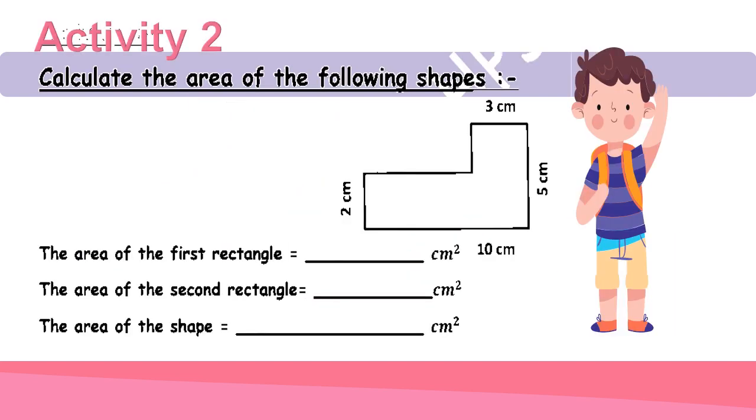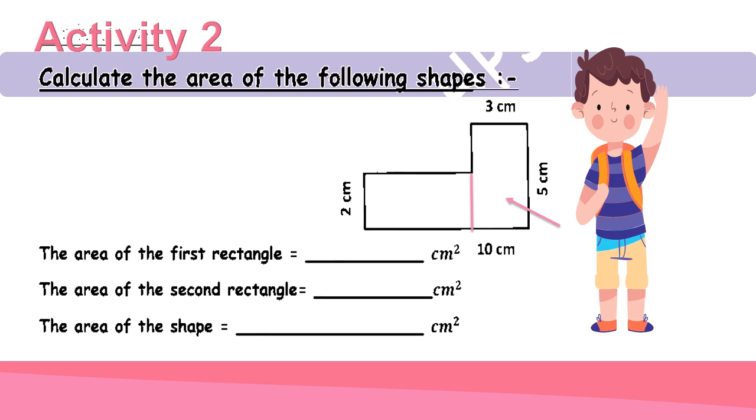Okay, let's answer activity 2. Calculate the area of this shape. It's another complex shape. I have to make it two rectangles like this to calculate the area. If I have in the first rectangle the length and the width, 3 and 5, this one.